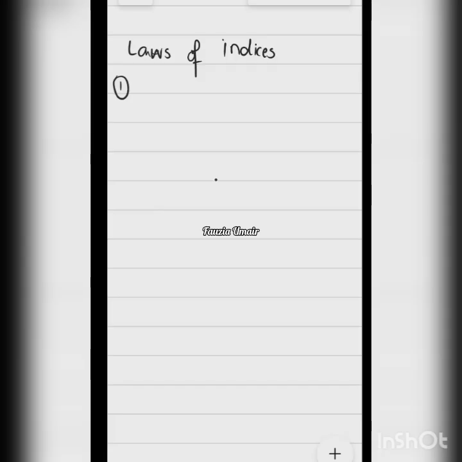So the product law says if the two powers, if the base is same, now I'm using the terminologies, if the base is same and there is a multiplication sign, so what we do? We add the powers. Okay? What is the first law?